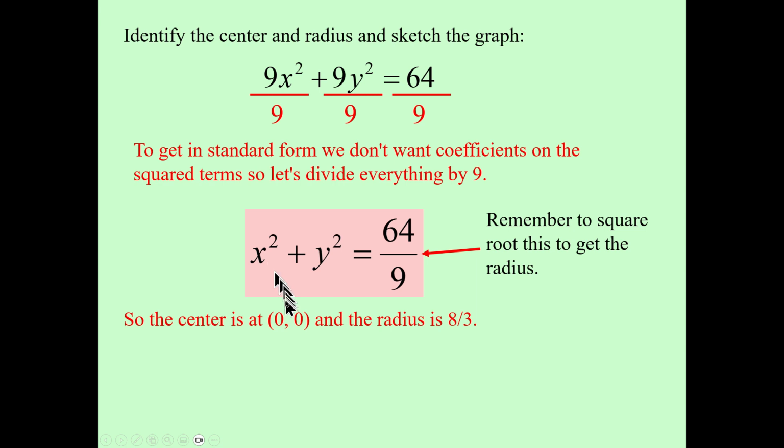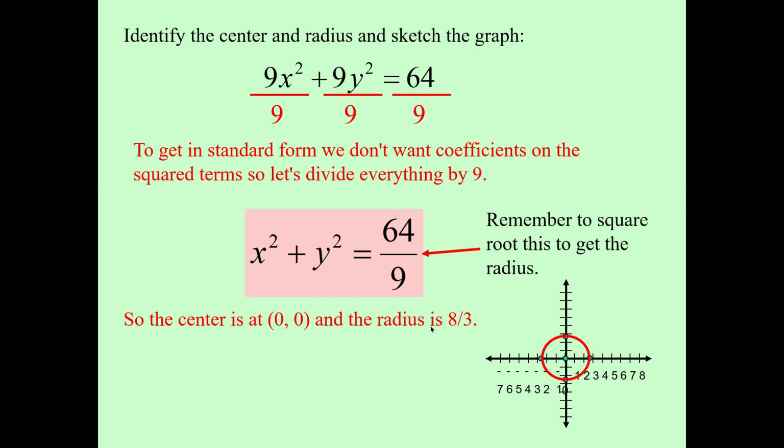So our center is at 0, 0, and the radius is the square root of this, which is going to be 8 over 3. You can graph it. And there's our graph.